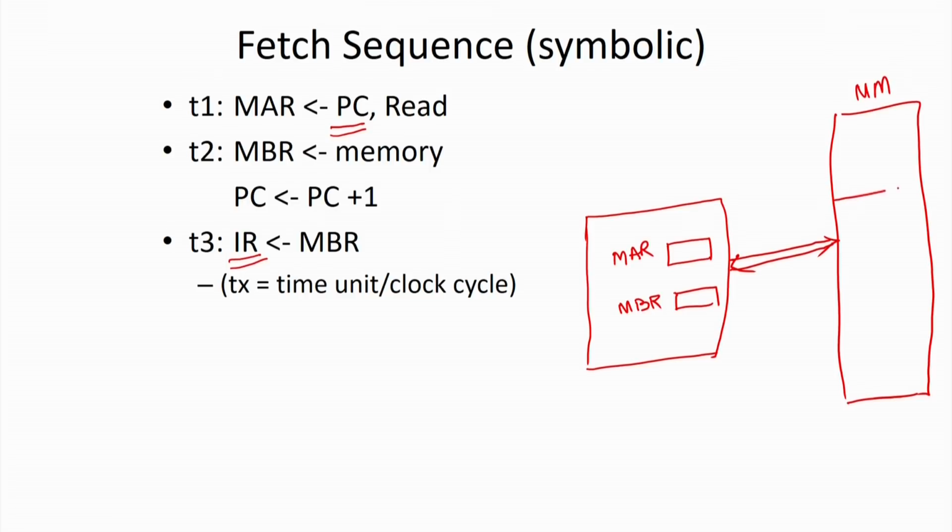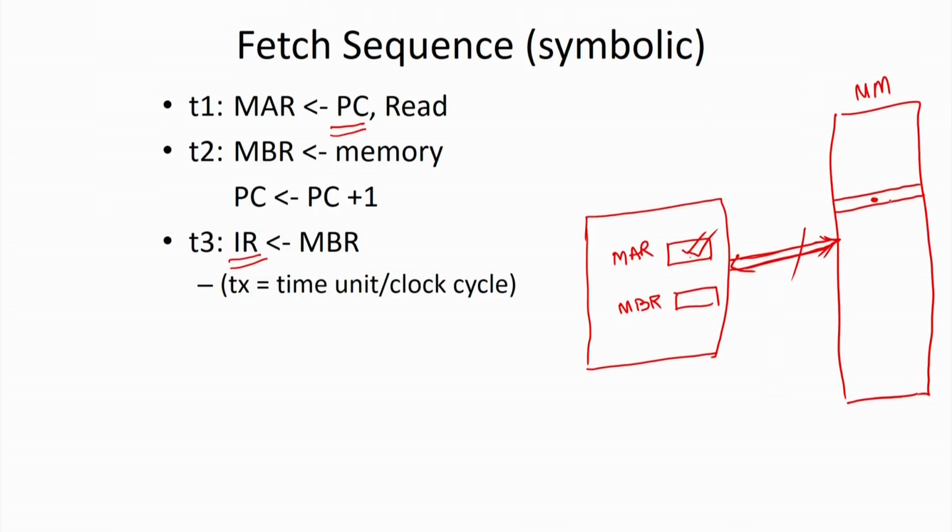Somehow I have to give the address of the memory location, and whatever data is there, we bring it into the processor. These two registers act as interfacing registers. If I want to read the information from a particular memory location, first that address has to be put into the MAR. After that, this address will go to the memory unit through the system bus. Then we are going to read the information.